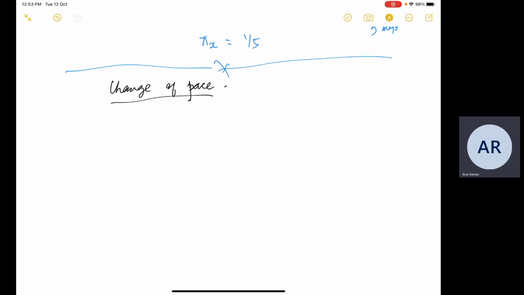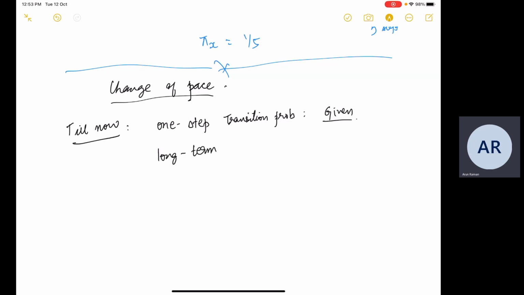So till now, in Markov chains, our analysis had a certain pattern: we assumed that the one step transition probability was given, and we were interested in long term behavior.